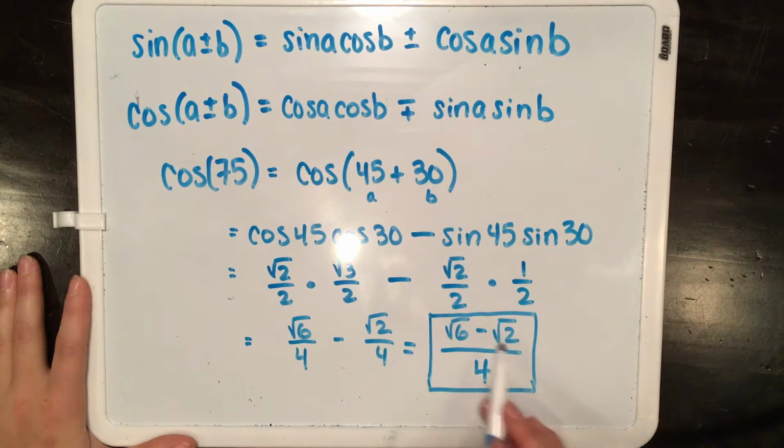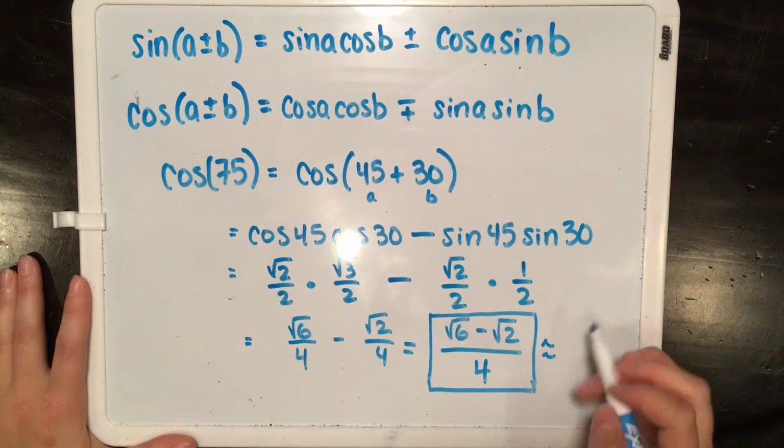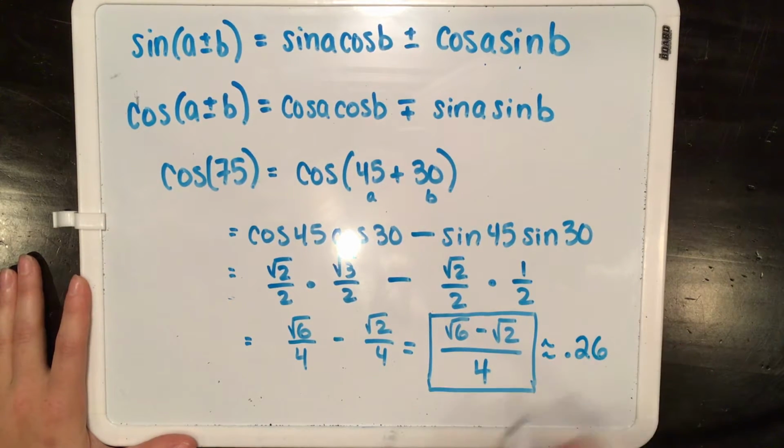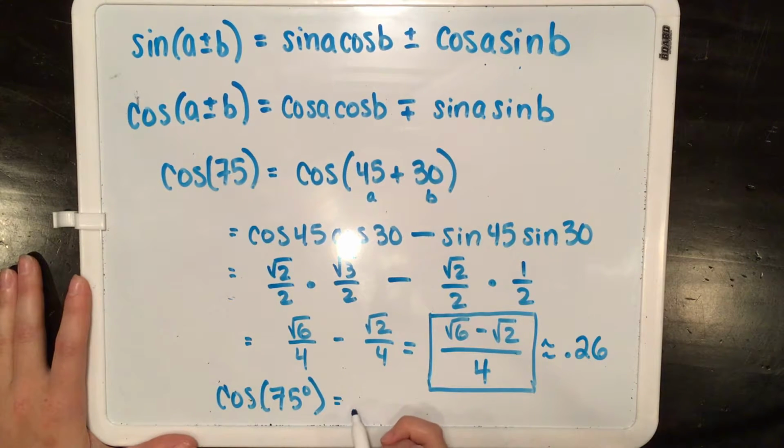If you plug this value into a calculator, you get approximately 0.26. And then to verify, if you plug in cosine of 75 degrees into your calculator, making sure your calculator is in degree mode, you will also get about 0.26.